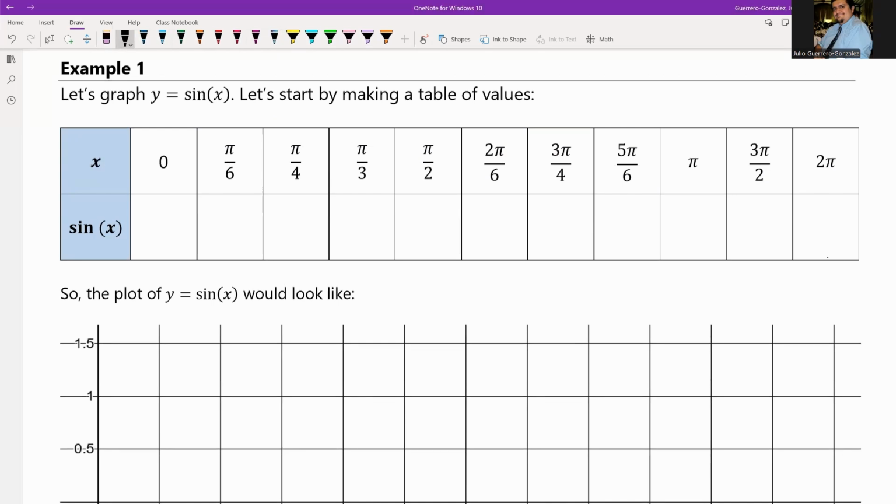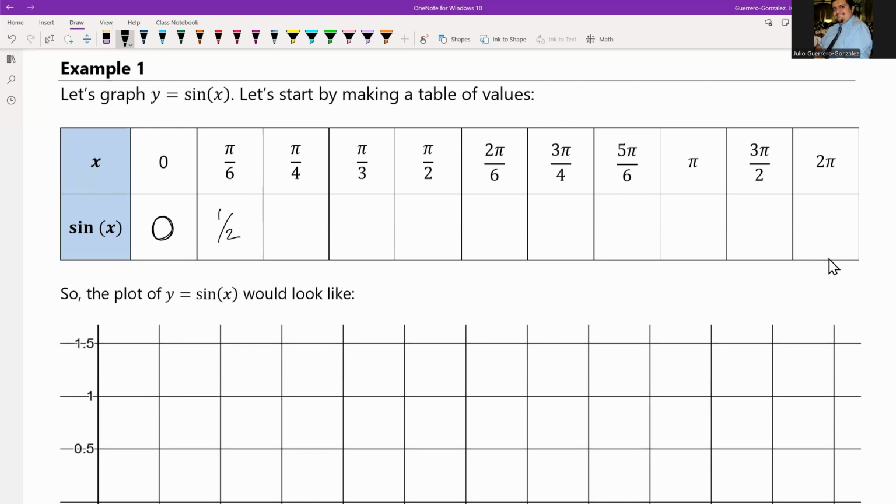The very first angle I'm going to use is 0. The sine of that is 0. That's what your unit circle says. We're going to keep going. When your angle is pi over 6, your y is 1/2. That should be from your unit circle.